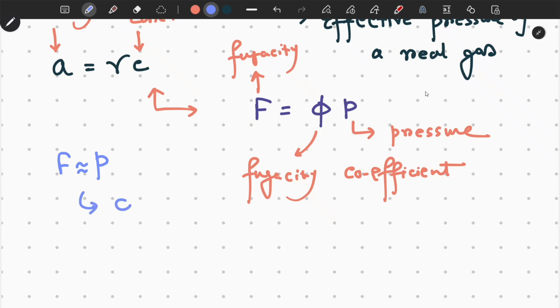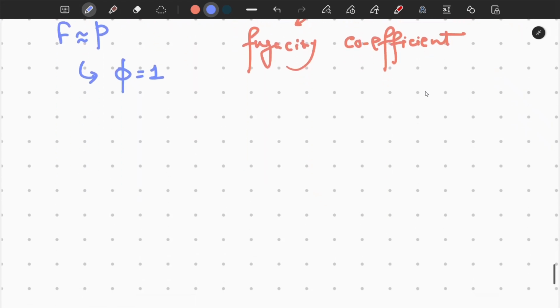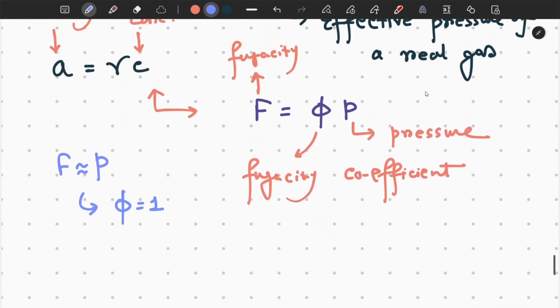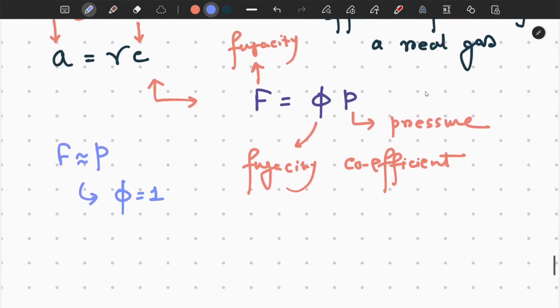That means phi equals 1 at infinite dilution, if the density of any gas is very small. Why do we need this fugacity coefficient? Because you have to deal with real gases, you can't directly write the pressure. That's why you have to consider it.